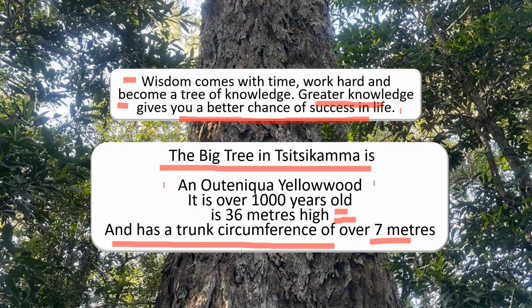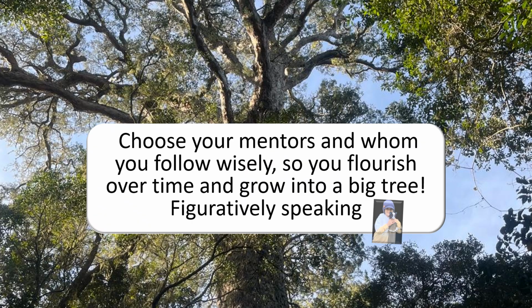So you people are becoming a tree of knowledge. Choose your mentors and whom you follow wisely this semester, so you flourish over time and grow into a big tree of knowledge, figuratively speaking. All the best for the semester.